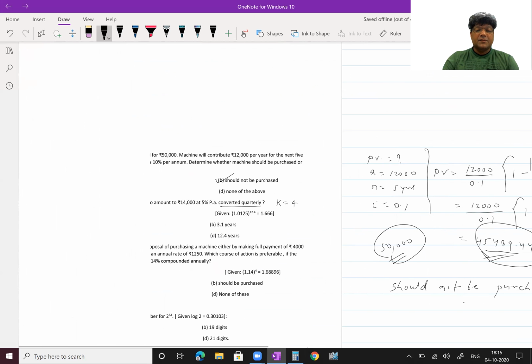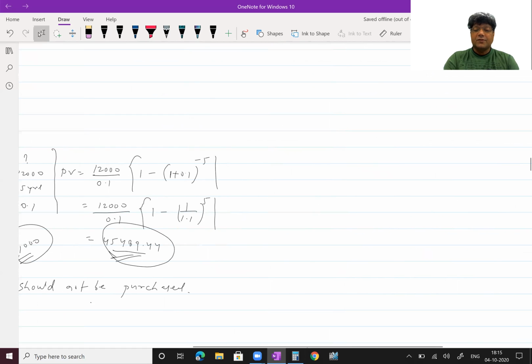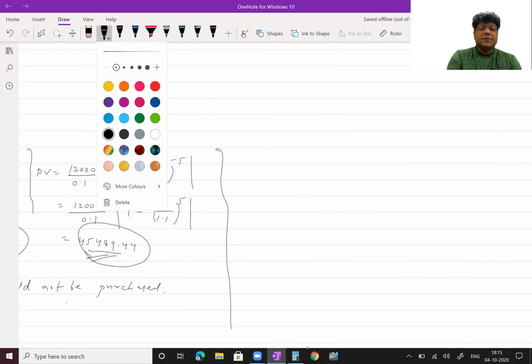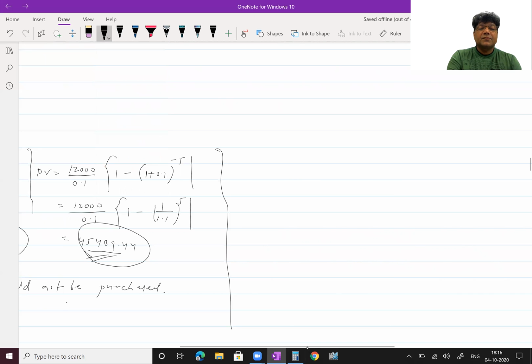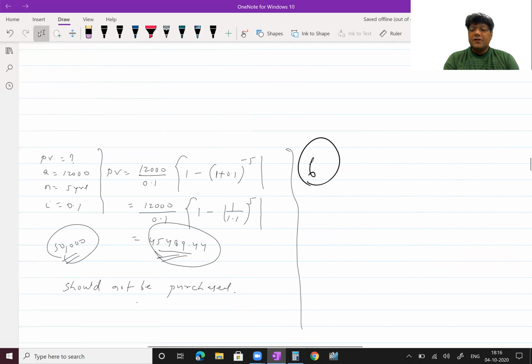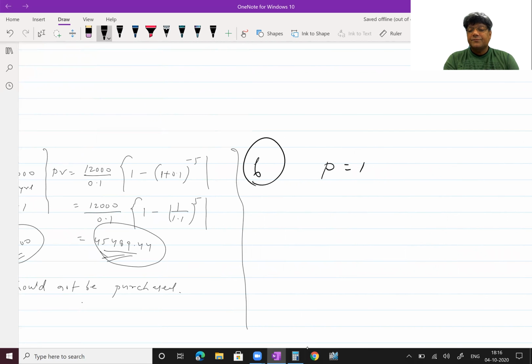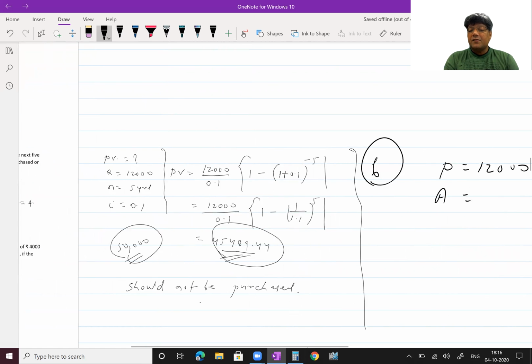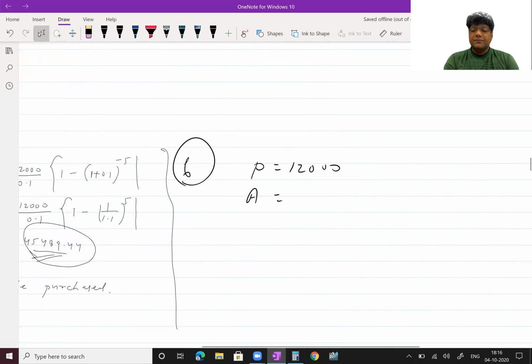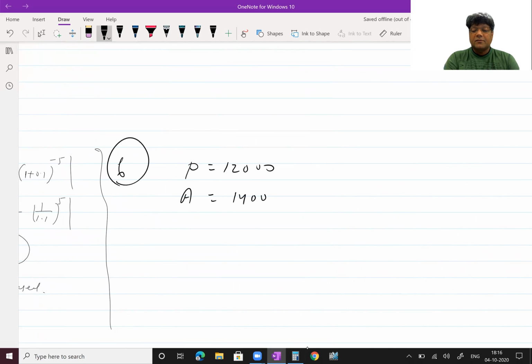Question number 6. Here 12,000 is the present value or principal. A, that is the amount, is 14,000.